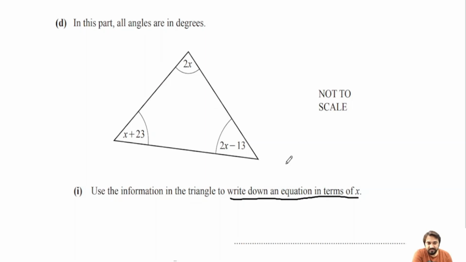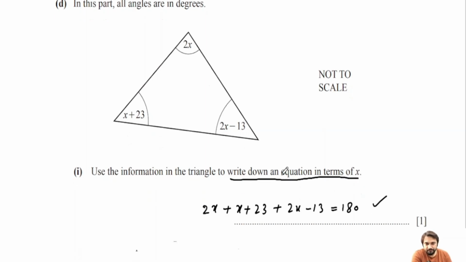So we know that the sum of internal angles of a triangle adds up to 180 degrees. So the answer would be 2x plus 23 plus 2x minus 13 is equal to 180 degrees. This is the equation in terms of x.